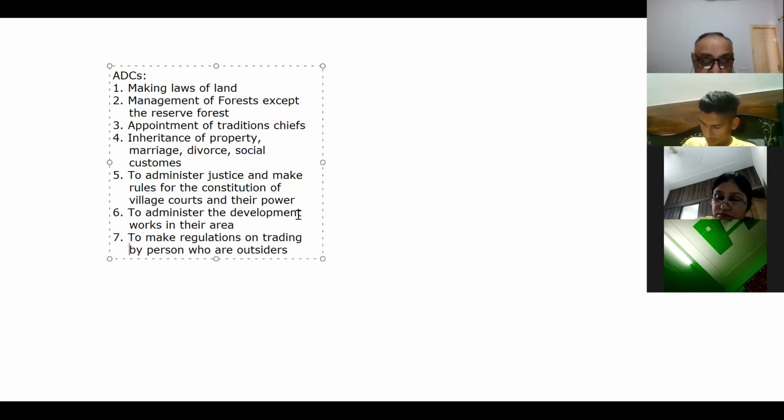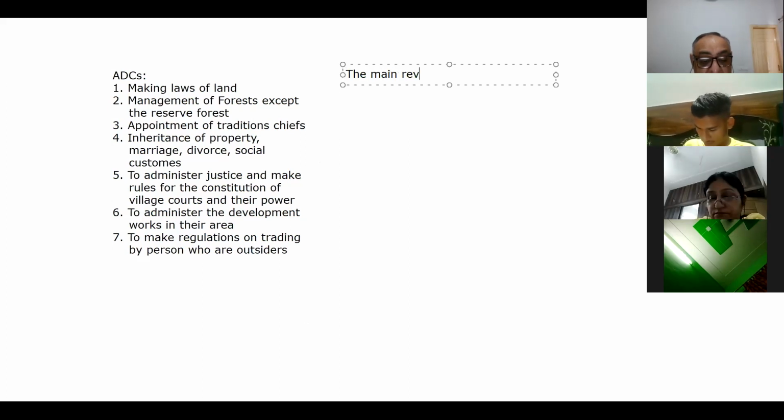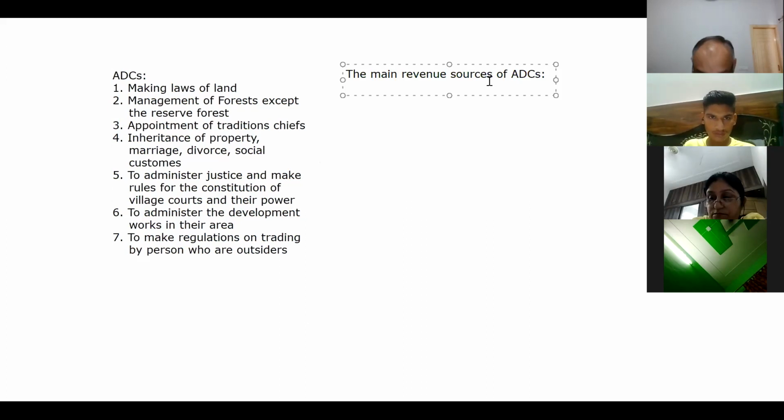Now the main sources of revenue of the ADCs are, ADCs को फिर revenue कहाँ से मिलती है? The main revenue sources of ADCs, इनको revenue कहाँ से मिलता है, right?